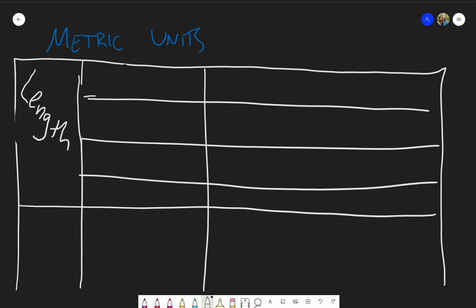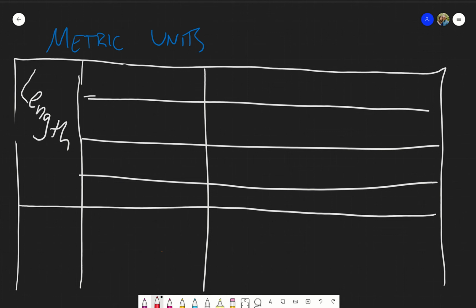All of these are going to be length based. Remember, length with customary was things like feet, inches, yards, miles, that good stuff, things to measure distance. There is length, and we'll get into others as we go. But each of these units has one main unit and then a lot of units that have different prefixes.